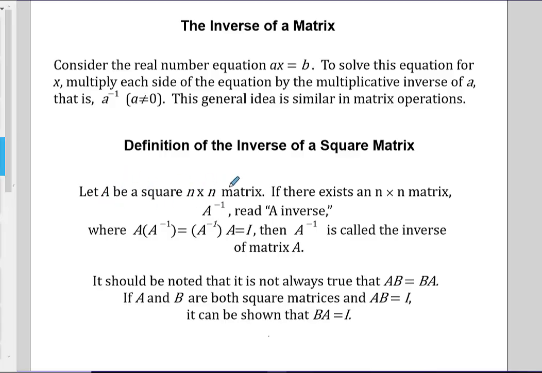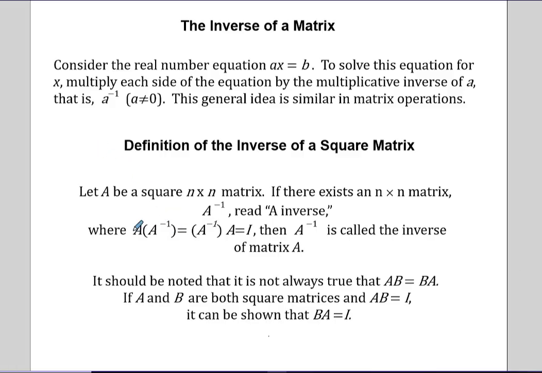If you have a square n by n matrix and you see A inverse, that's how we read that notation. If matrix A times its inverse is equivalent to its inverse times matrix A, and those products give you the identity matrix, then A inverse is called the inverse matrix.